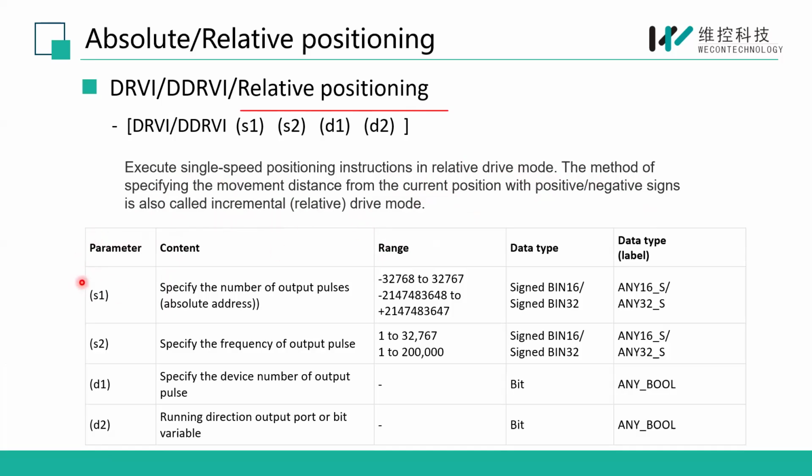There are four parameters. The first, S1, specifies the number of output pulses; the second, S2, specifies the frequency of output pulses. D1 specifies the device number of output pulses, and D2 means the running direction output port or bit.